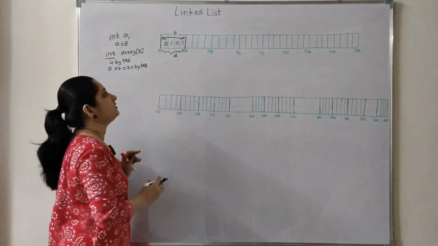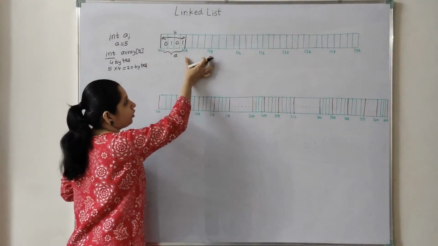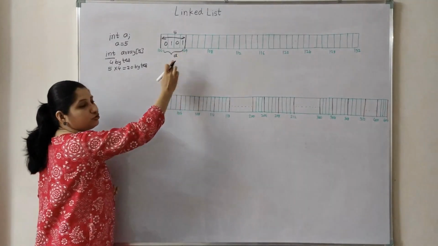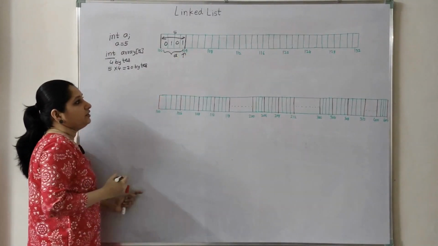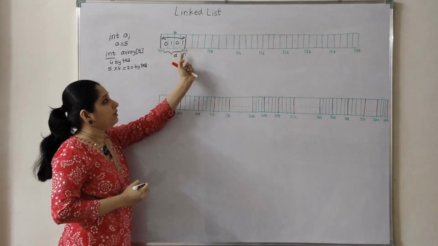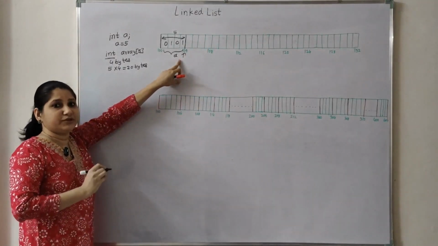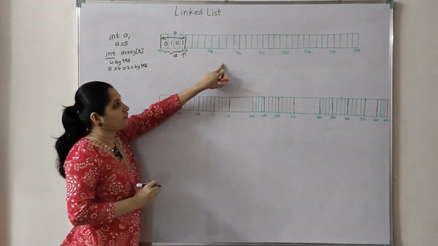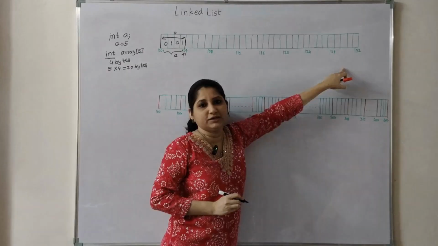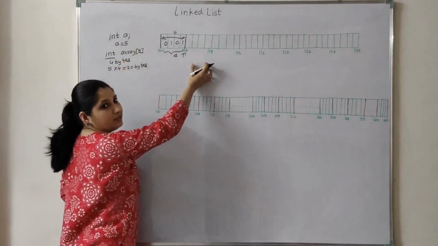For example, consider that this block is already occupied. After this block, that is after the 104th location, we check whether 20 bytes are free. Yes, the memory is free over here. If 20 consecutive bytes are free, we allocate this array of 5 elements in that memory location.